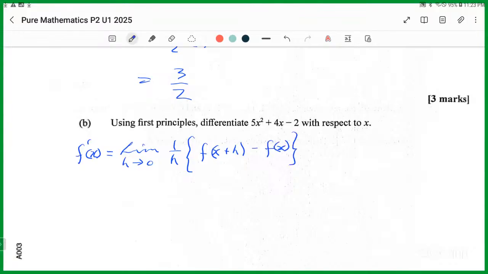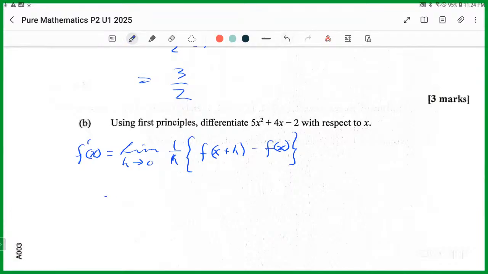Some teachers write f of x plus h minus f of x over h. I put the limit on that, right? Same thing. I like to have my h out of the way. Remember, when you get rid of this h, through cancellation or whatever, you're good to go. You can apply h equals 0 elsewhere. So the whole aim of differentiating from first principles is to be able to eliminate the h that is here.